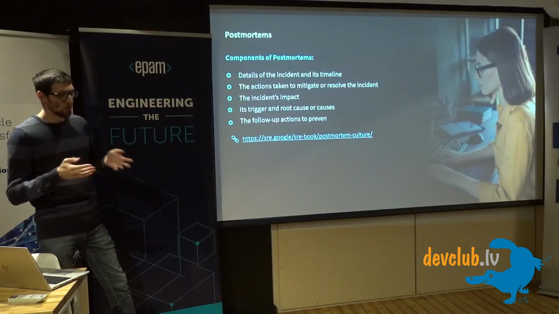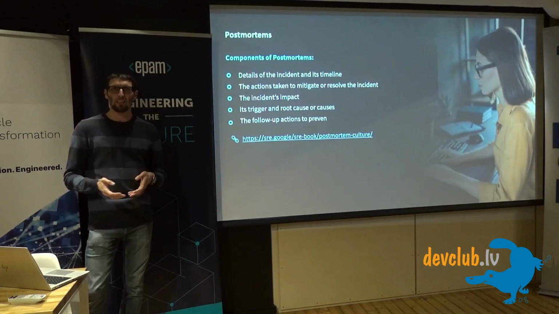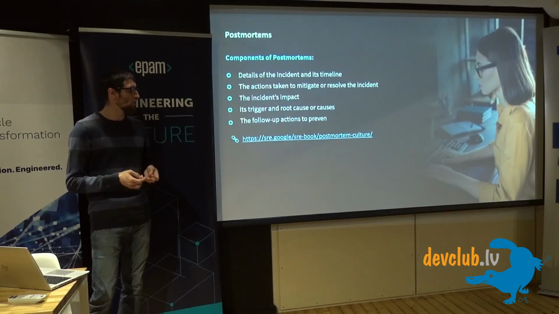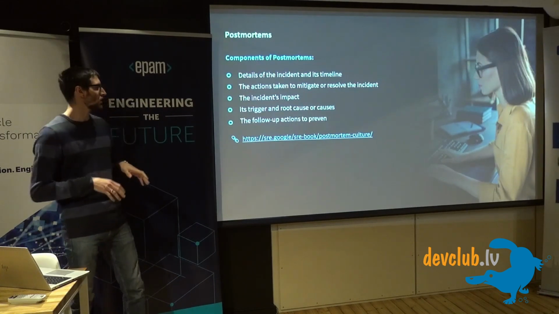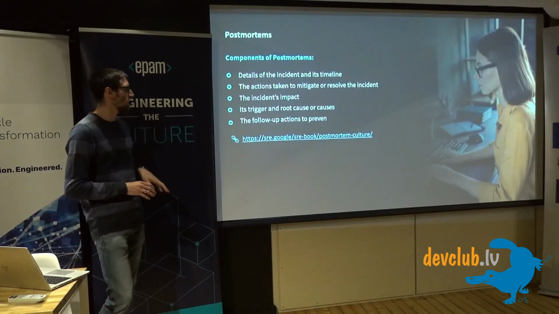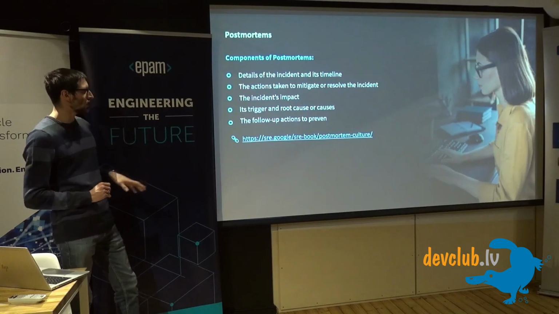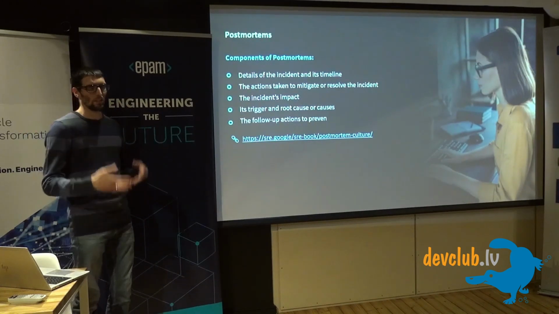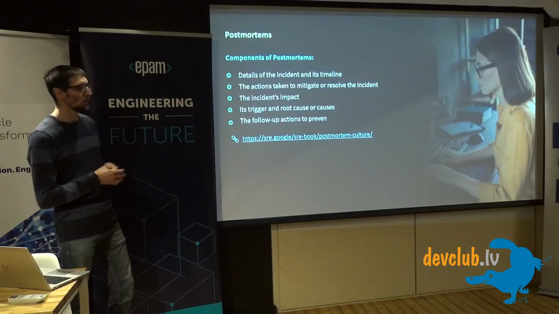But overall, it's some kind of report that is prepared after every outage or incident in production. And it includes details of the incident, timeline, actions that were taken, impact, trigger, root causes. So it's a possibly big document that is prepared by the whole team after some analysis.